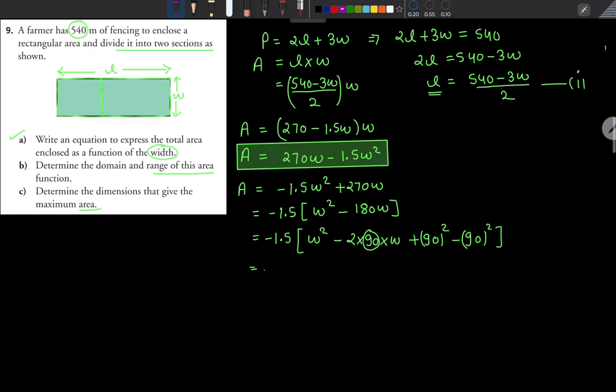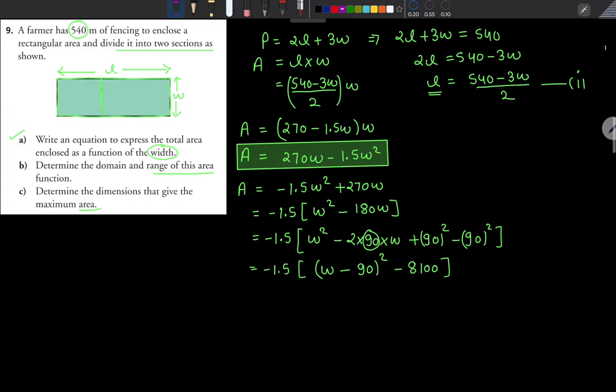As you can see, it is a very beautiful equation we got here: negative 1.5 times W minus 90 whole square, and negative 90 square is negative 8100.